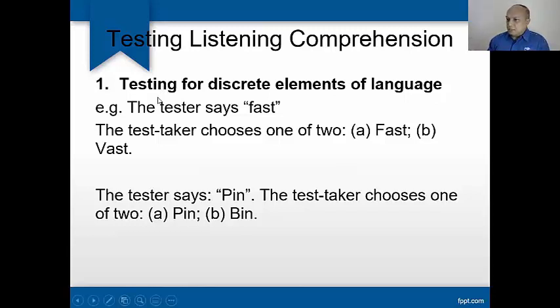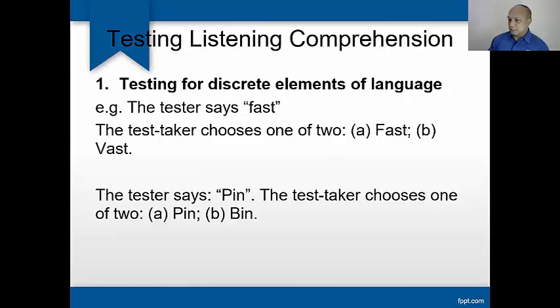So for example, the tester says "fast," and then the test taker has to choose one of the two options here, either fast or vast. So it's a test of the ability to perceive the sound difference between f and v, fast and vast.